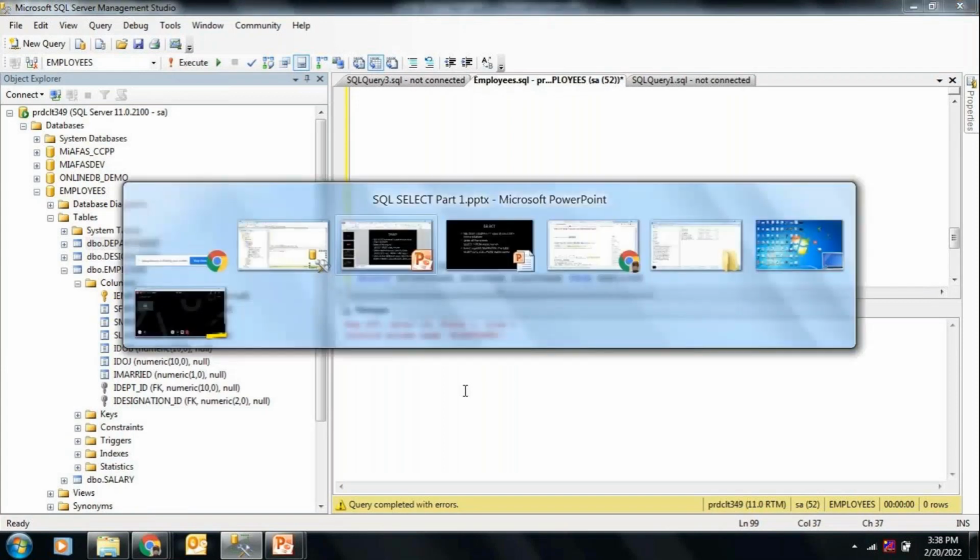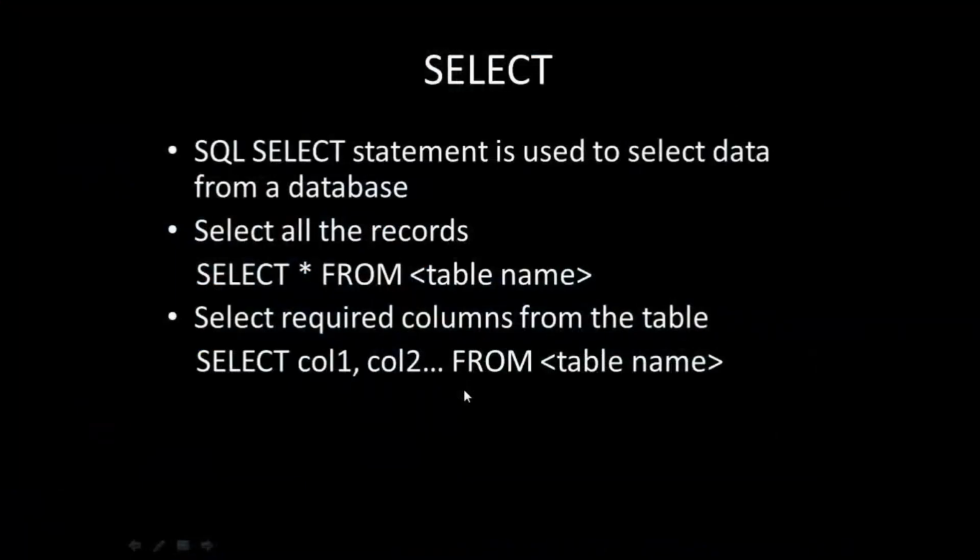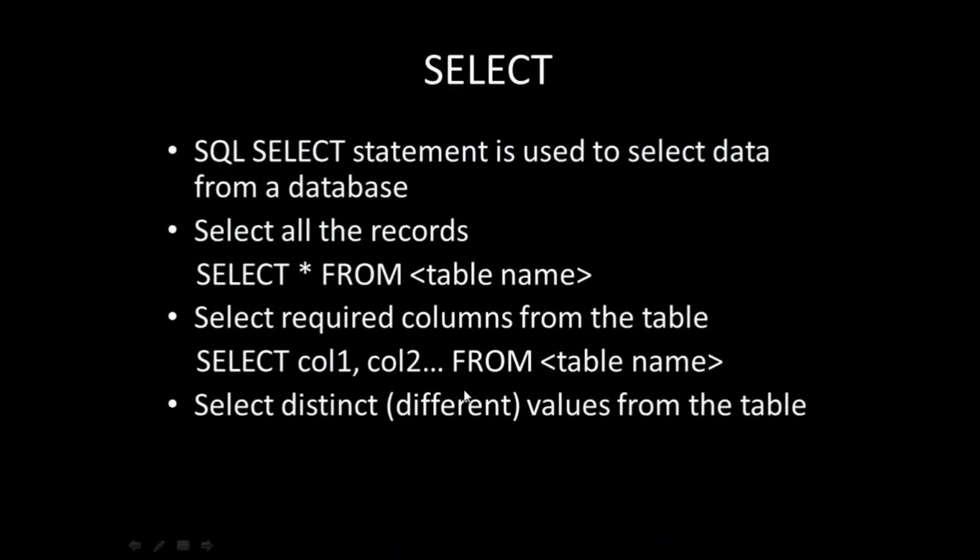Now, let's go to the next command. If you want to select distinct values from the table, you use select distinct. In most cases, columns might contain the same data.